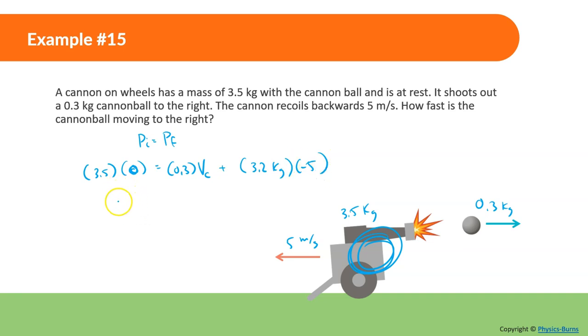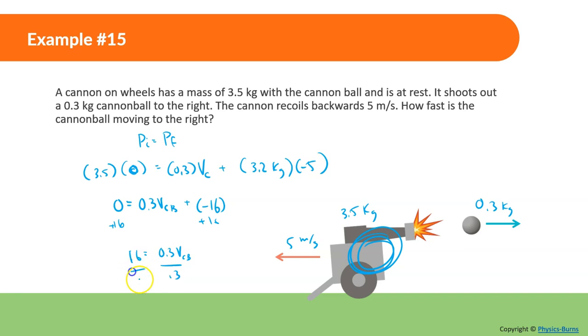Let's simplify this. 0 is equal to 0.3 times the velocity of the cannonball, plus 3.2 times negative 5, which is negative 16. Let's bring 16 to the other side. 16 is equal to 0.3 times the velocity of the cannonball.